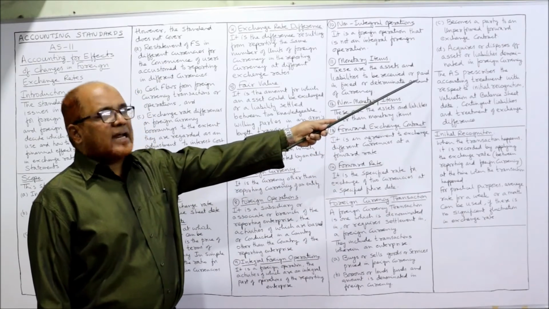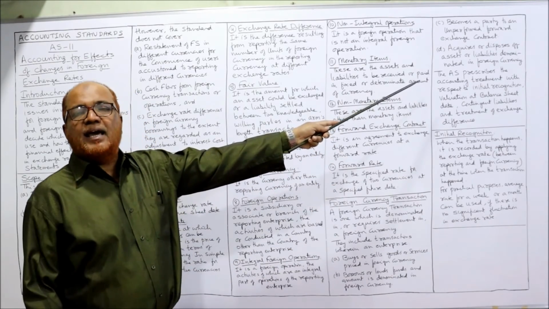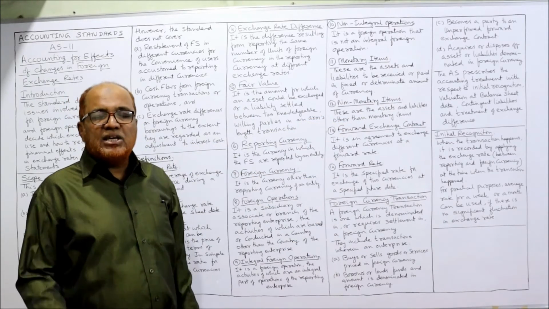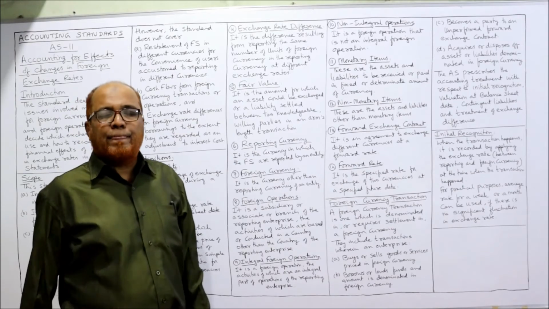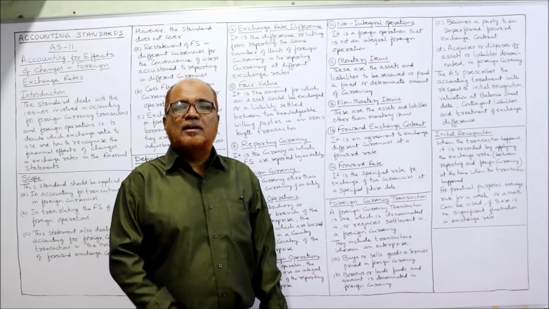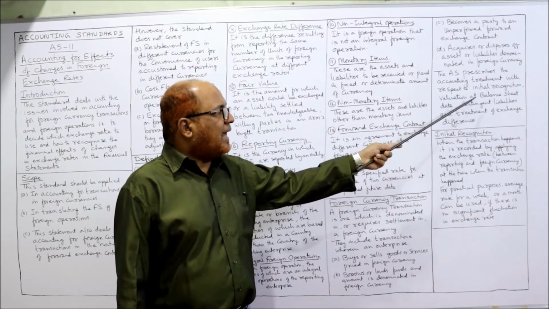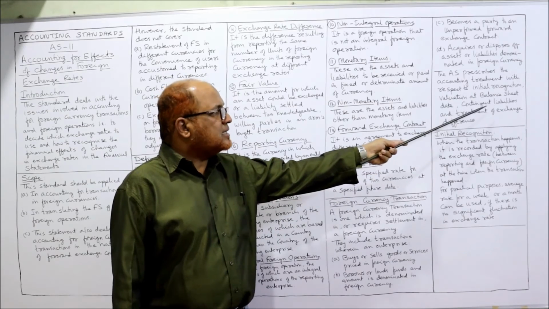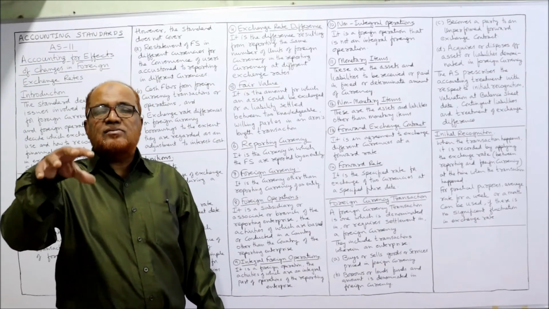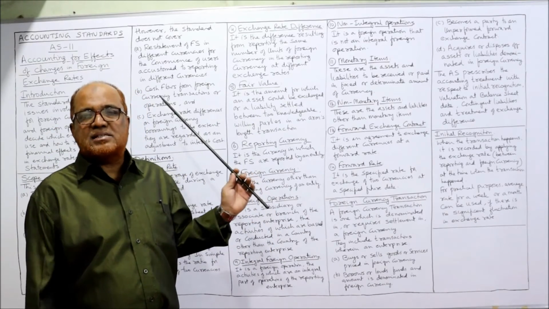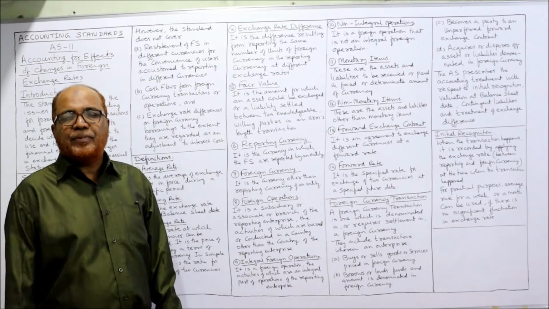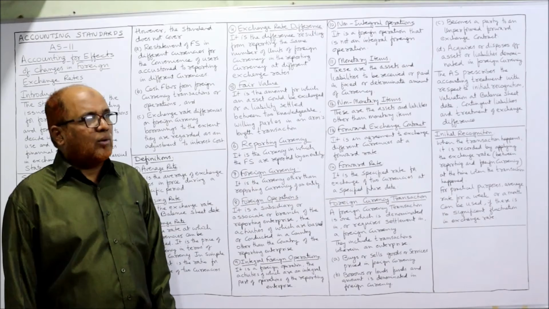Now, the accounting standard. This accounting standard AS11 prescribes the accounting treatment with respect to initial recognition, then valuation at the balance sheet date, contingent liabilities, and treatment of exchange differences. So all these come within the ambit of AS11. First of all, initial recognition, which I'll explain now.